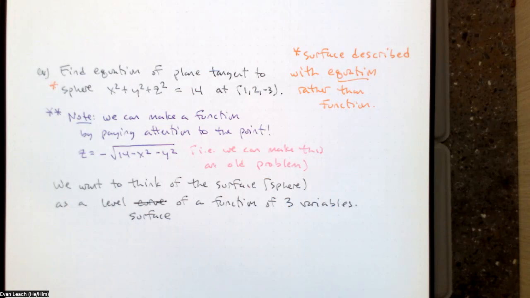Rather than trying to force a function of 2 variables, we're just going to make a function of 3 variables, and this will be a level surface of that function of 3 variables.